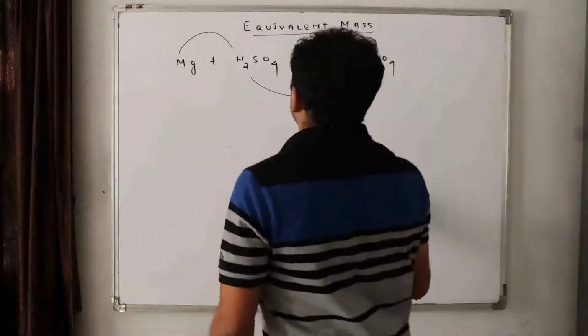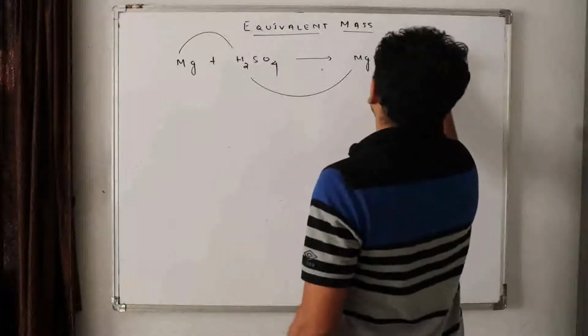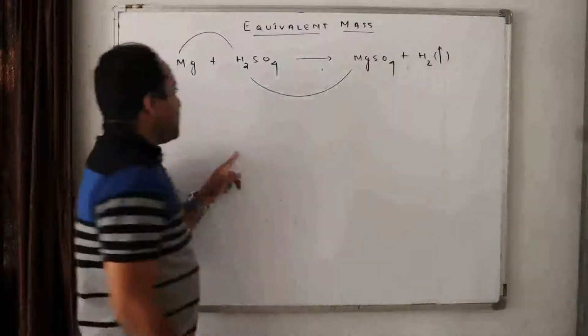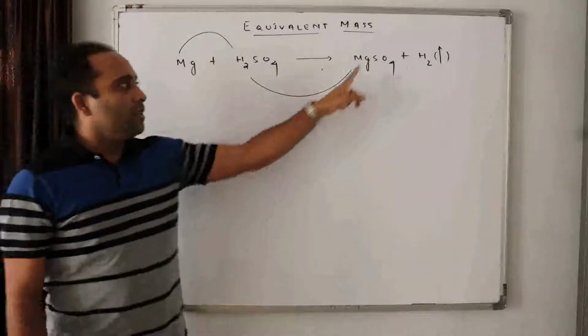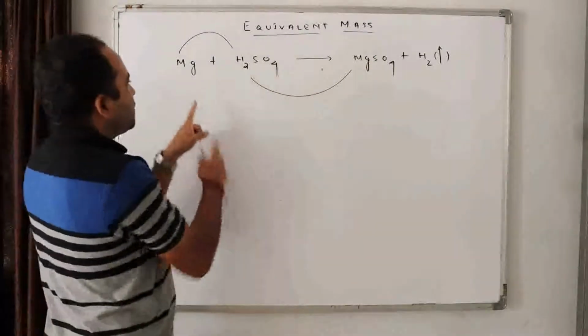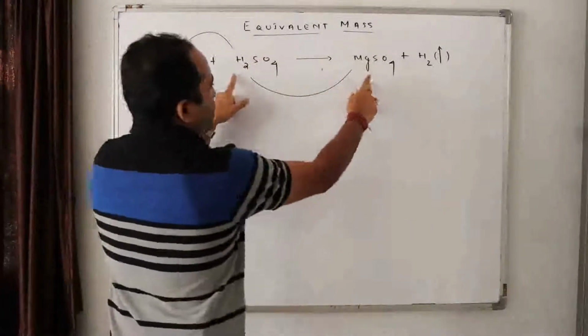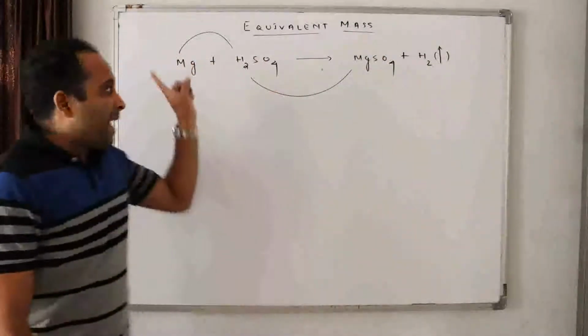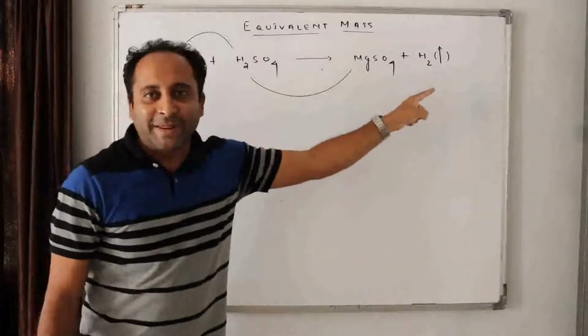Magnesium sulfate with the release of hydrogen gas. Here magnesium is displacing hydrogen, right? Now tell me, is this equation balanced? 1 magnesium, 2 hydrogen, 1 sulfur, 4 oxygen.